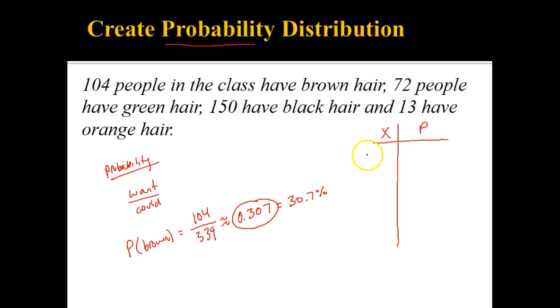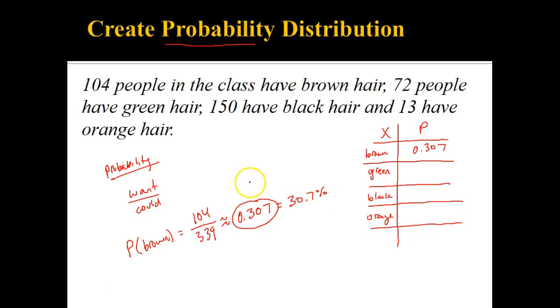So the data we're counting first is brown, and the probability is 0.307. And then we're also going to calculate green and black and orange. All right, and that's all you do.